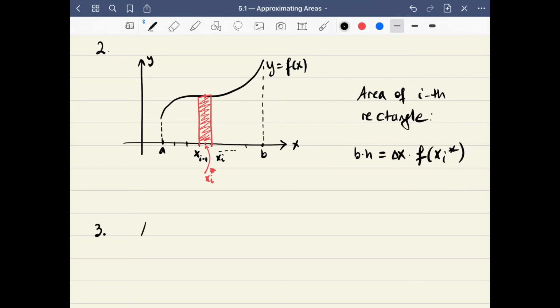So the area under the curve is approximately equal to the sum of the areas of these rectangles.